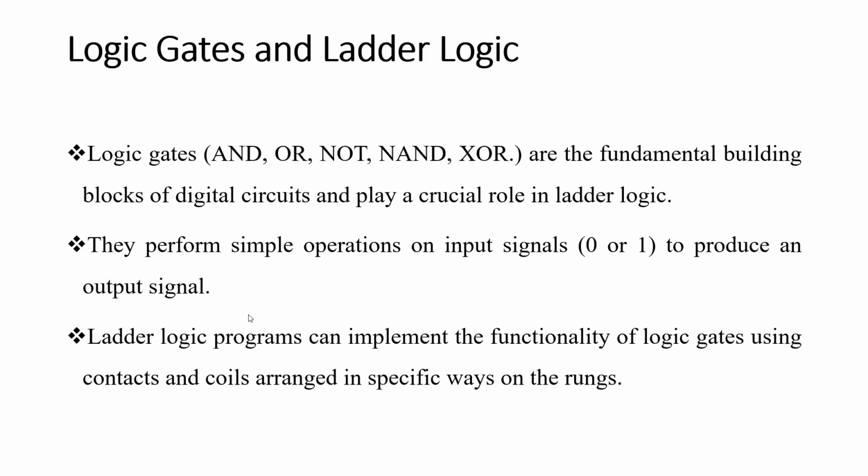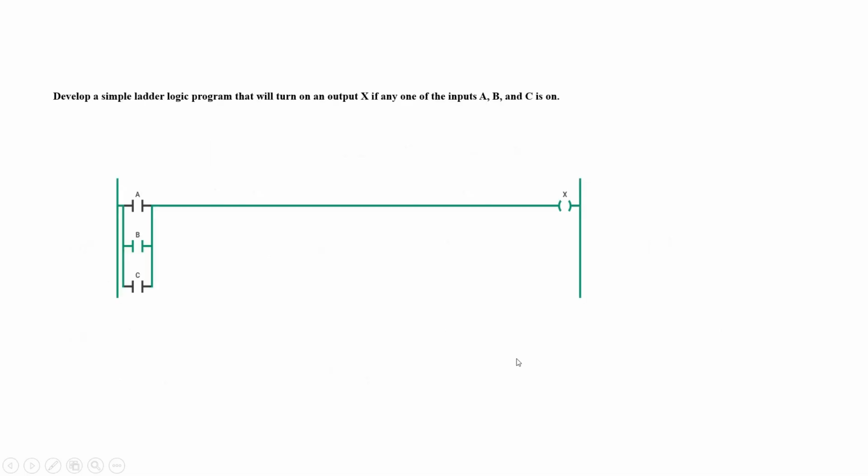These gates perform simple operations on input signals with a 0 or 1 to produce an output signal. Ladder logic programs can implement the functionality of logic gates using contacts and coils arranged in specific ways on the rungs.